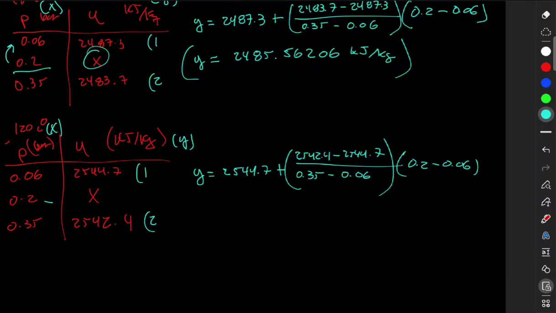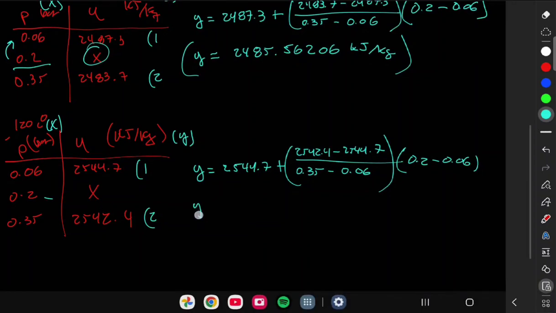So plug it in the calculator. 2542.4 minus 2544.7. You can also do this in the video, follow along, see if you get the right answer.